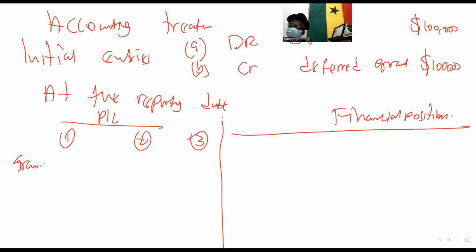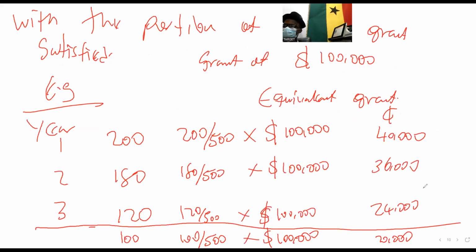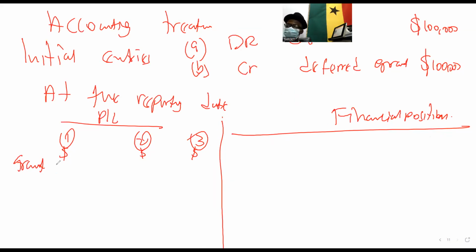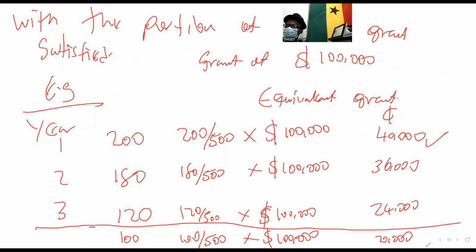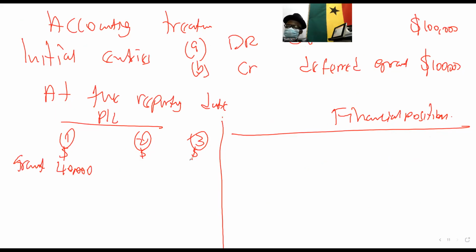Now, at the end of the reporting date, let's say year 1, year 2, year 3, you only record the grant portion that they have fulfilled. So as at the end of year 1, they have only fulfilled $40,000. So you write your $40,000 here. Then year 2 is $36,000, so you put $36,000 in your P&L.